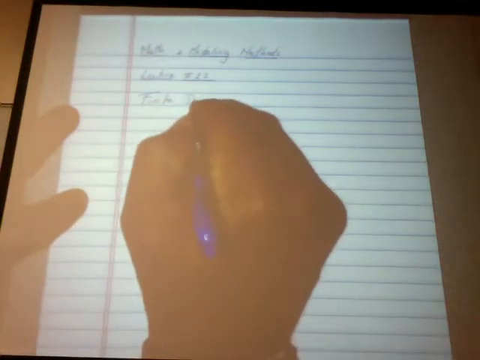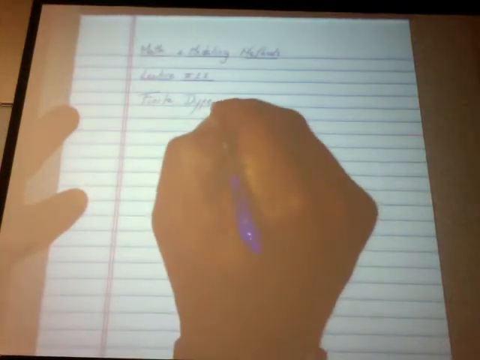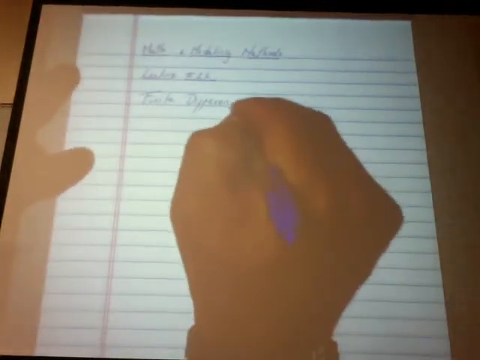All right, so all the way up here, we're going to talk about the finite difference or differences method. Some people call it finite differencing or finite differences.